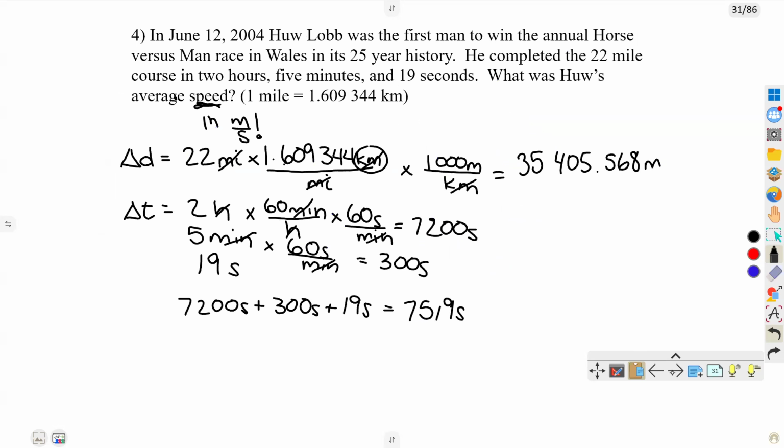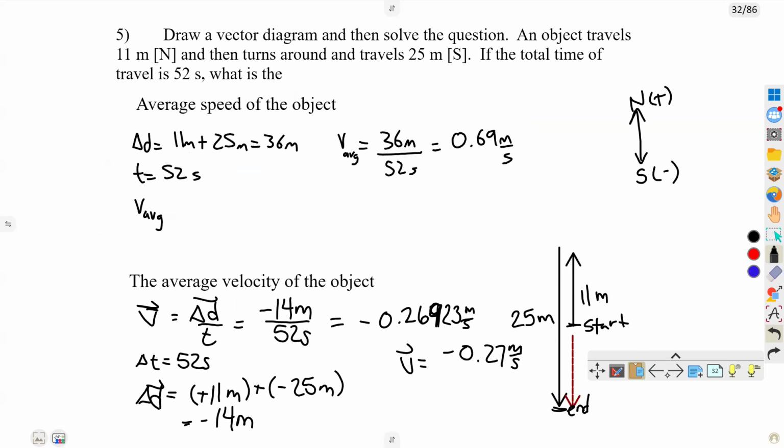Here comes number 5, and there it is. Okay, so looking for the average speed versus the average velocity. Interesting thing to note here, because we're dealing with a change in displacement or a change in position, the speed is just going to be the total distance traveled.